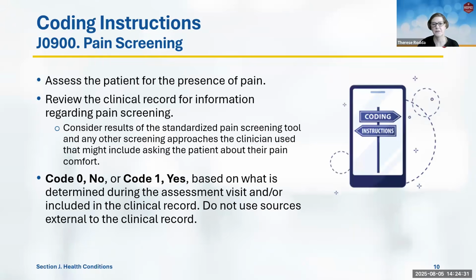To code J0900 pain screening, the clinician should assess the patient for the presence of pain. The clinician should review the clinical record for information regarding pain screening and also consider if a standardized pain screening tool was used. Then the clinician chooses yes or no based on the assessment or clinical record review.